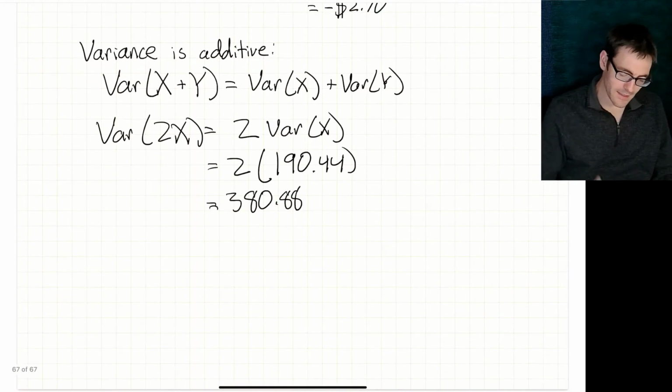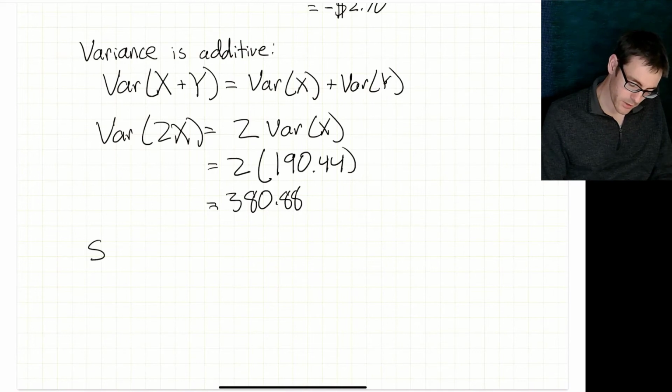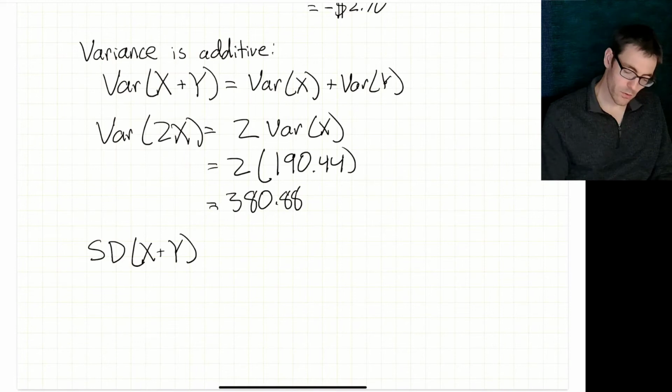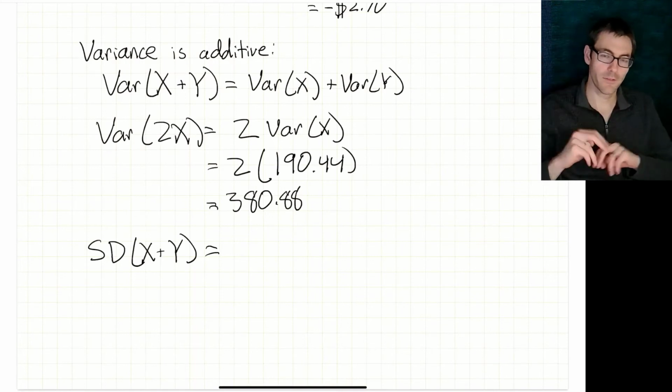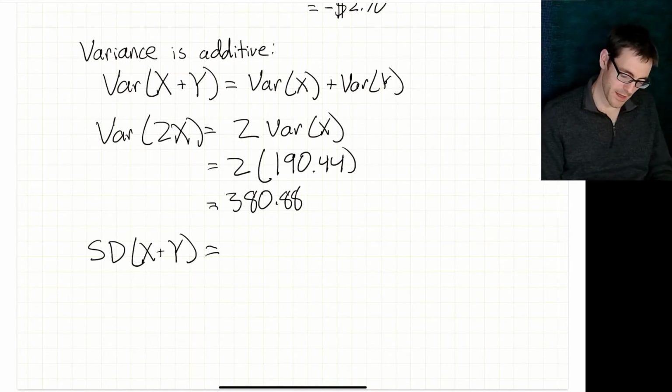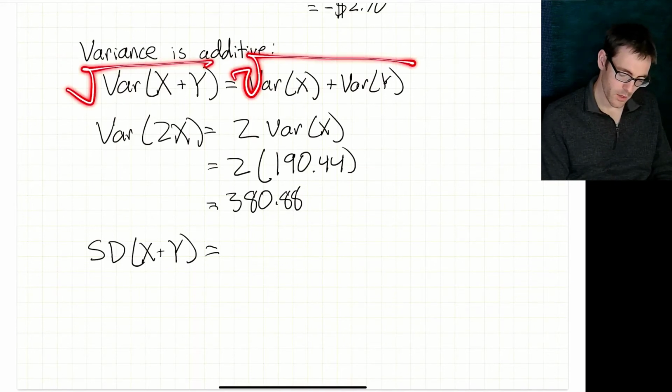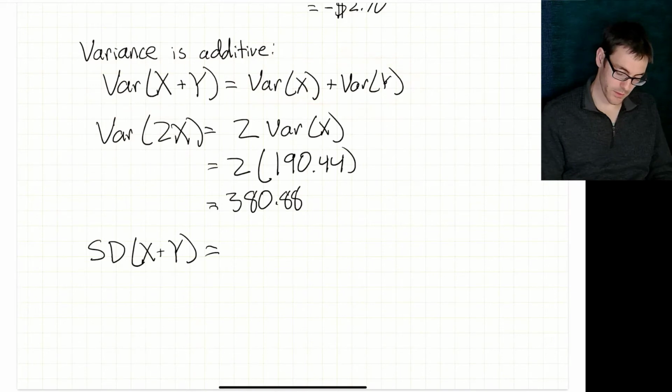Another way of phrasing the same idea is that standard deviation, when we're talking about the standard deviation of two random variables added to each other, follows the Pythagorean theorem of statistics, which is just saying that, well, if we took each of these terms and put a square root over it, well, this first term becomes the standard deviation of these, then it's just what this next term is.